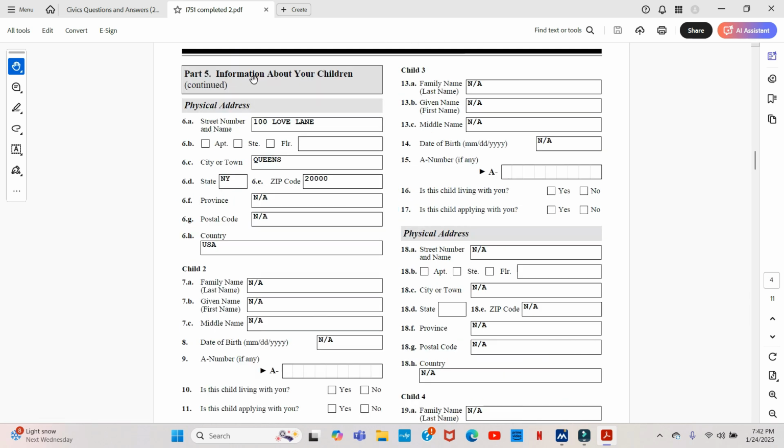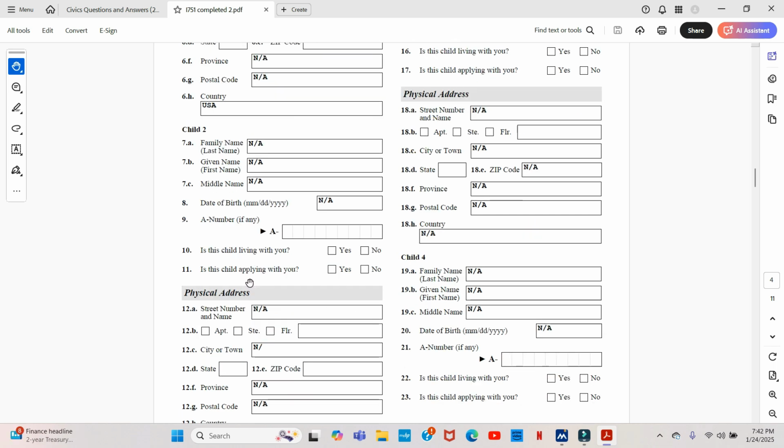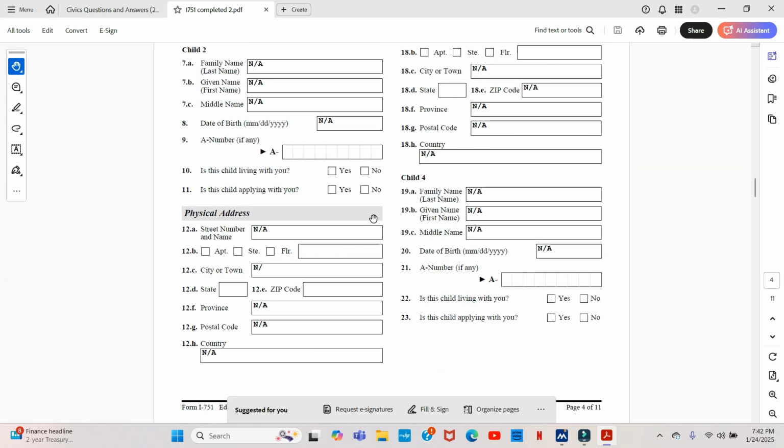Moving on. In Part 5 here, you are required to put the physical address of your child if you have children, and if you have more than one child, then you would fill in the information in all these spaces.